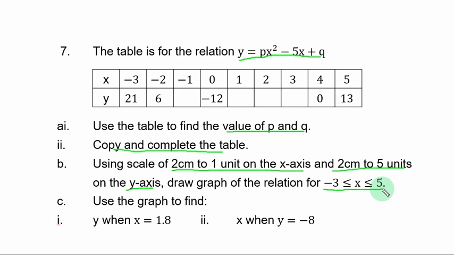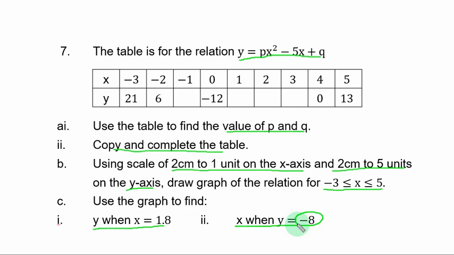That is the range of values of s. C part of the question. Use the graph to find, remember figure 1, y when s is 1.8. Remember figure 2, you find s when y is minus 8.